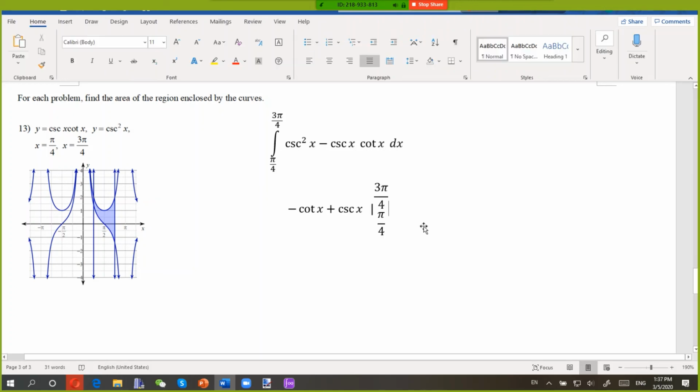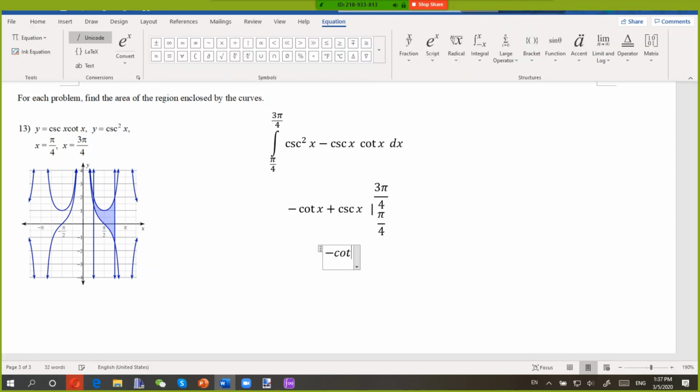Okay, and then we'll plug in upper bound minus lower bound to get our answers. This will become negative cotangent of 3 pi fourths plus cosecant of 3 pi fourths, minus our lower bounds of negative cotangent pi fourths plus cosecant of pi fourths.